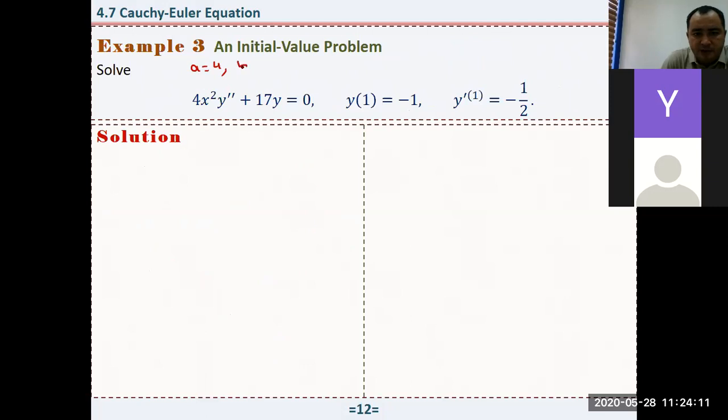And how about b? b is equal to 0 because we do not have y prime here. And c is equal to 17, right? So the auxiliary equation will be 4m² plus 17 is equal to 0.